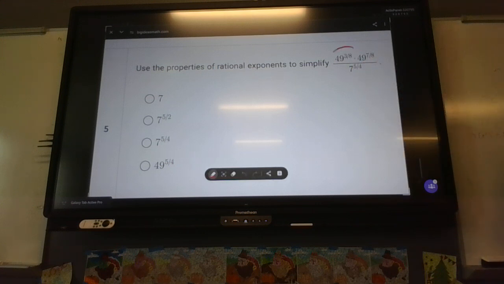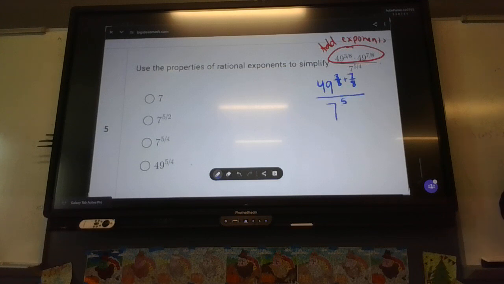All right, so I'm going to same base, add exponents. I'm going to just deal with that top first. So make it one big 49 and add those exponents together.